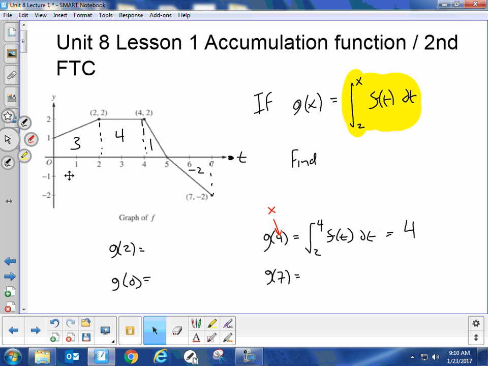Okay, just replace x with your value in your integral. Check your answers with a neighbor, please.